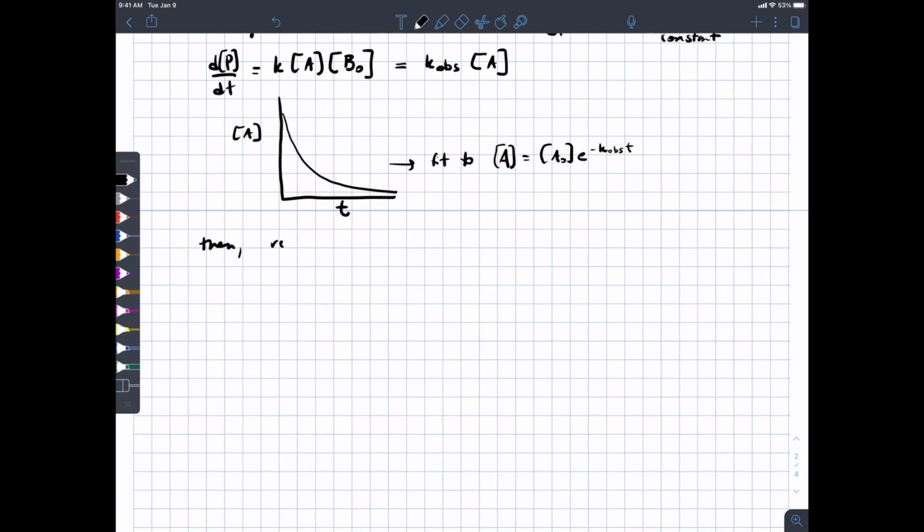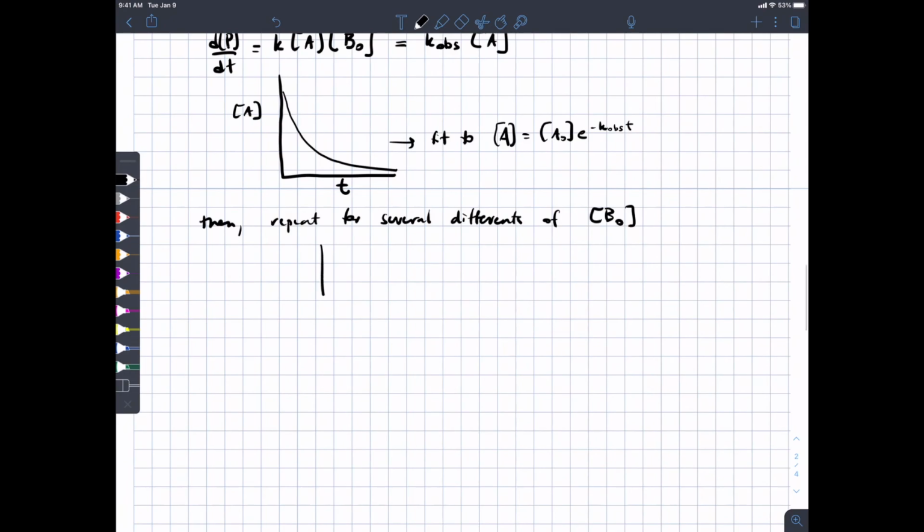Then we'll repeat for several different values of B, constant concentration of B.